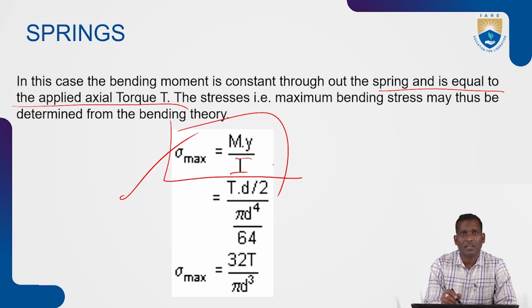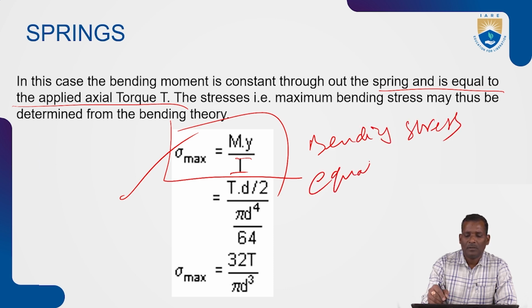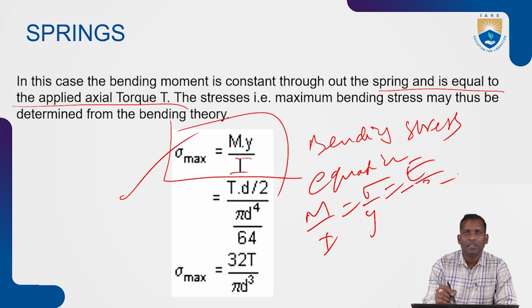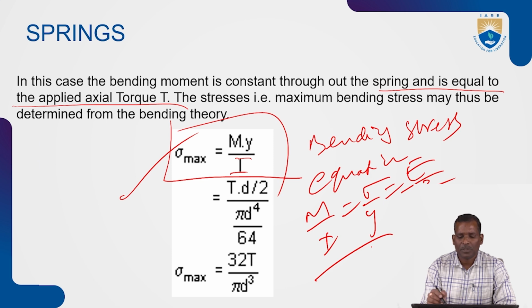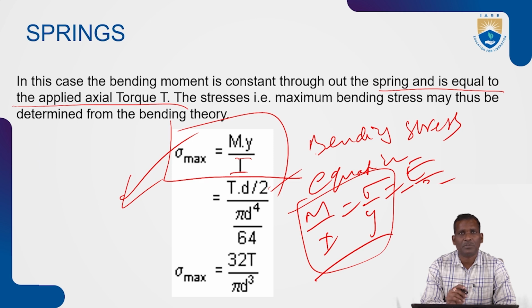So the bending stress equation we have already derived. Here, the bending stress equation is sigma by Y is equal to E by R. From this equation, write the maximum bending stress formula, where Y is the distance of the cross section from its neutral axis, and I is the moment of inertia, pi into d to the power 4 by 64.